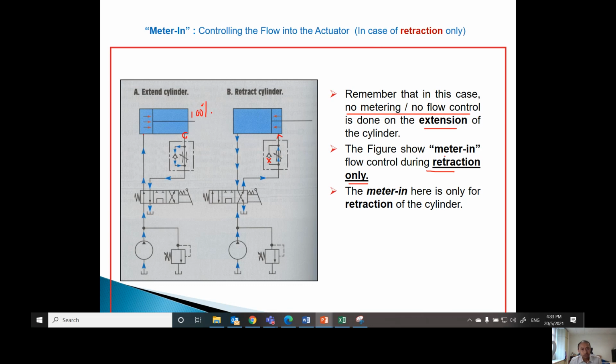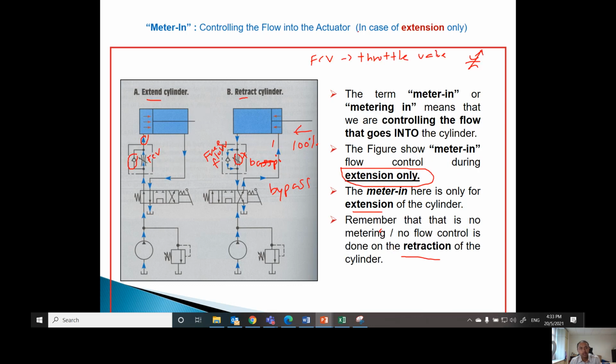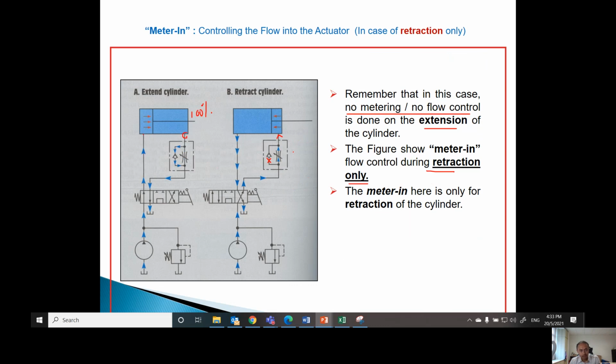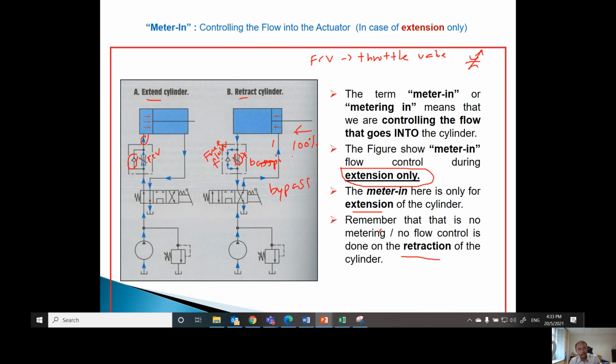Why do we call this meter in? Because we are still controlling the flow into the cylinder. The difference is, for this one, retraction is controlled, and for this one, extension is controlled. Okay, so that is meter in.